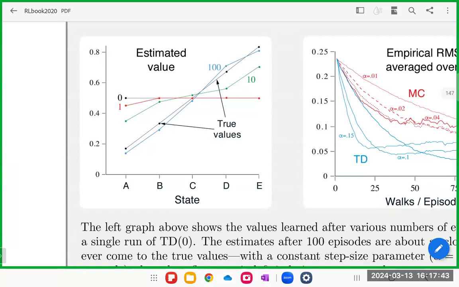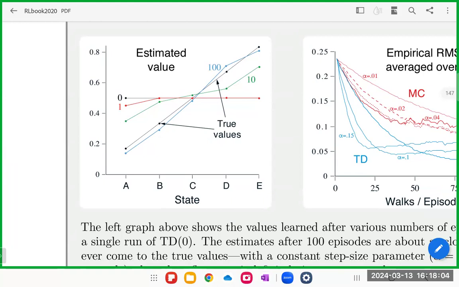As I mentioned, the true values are 1 by 6, 2 by 6, and so on up to 5 by 6, right? So that black curve is the true values, and the other colored curves are the estimates of the value function that we currently have after training for so many episodes.